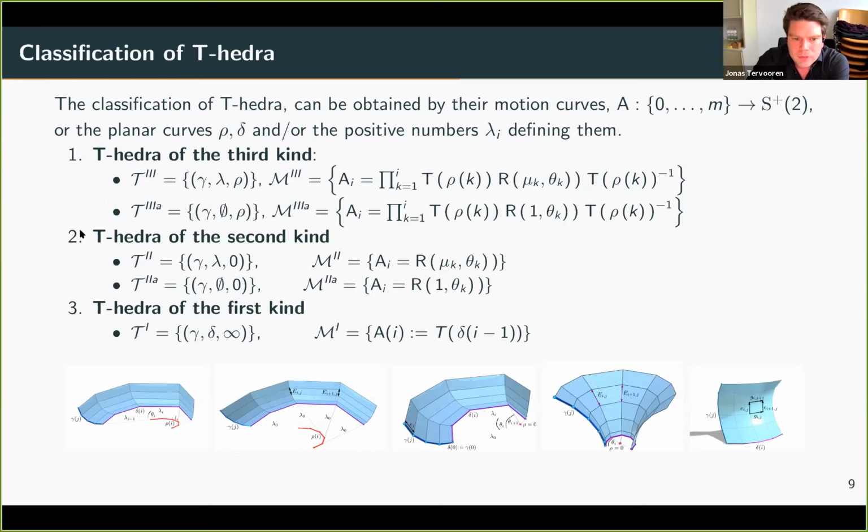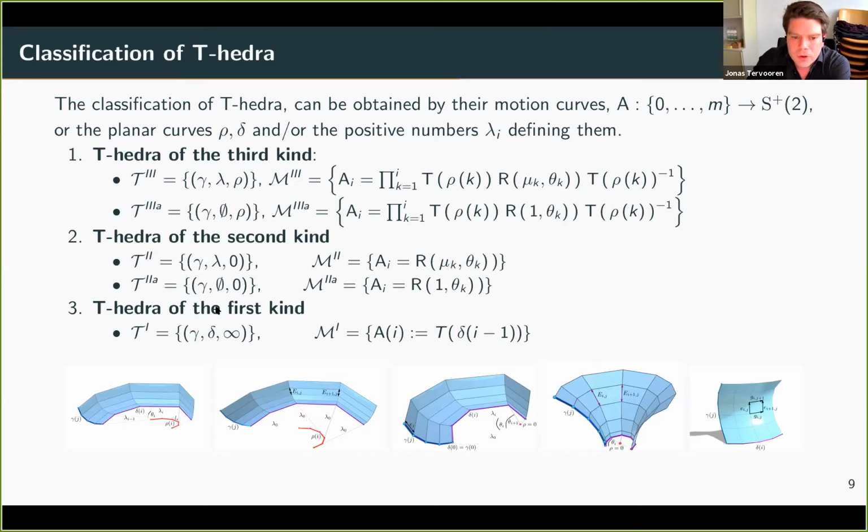The second kind of T-hedra are obtained if we shrink the prism curve to a single point and just apply a stretch rotation around this point, that we can see here in the middle. And if we don't stretch but just rotate, we obtain the surface of revolution, a discrete one, where again the trapezoid is isosceles.